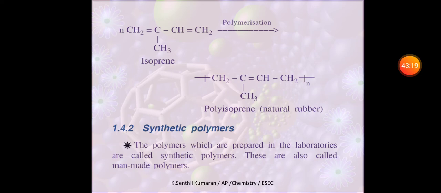Then go to the synthetic polymers. The polymers which are prepared in the laboratories are called synthetic polymers. These are also called man-made polymers or artificial polymers. What are the various important examples of synthetic polymers?